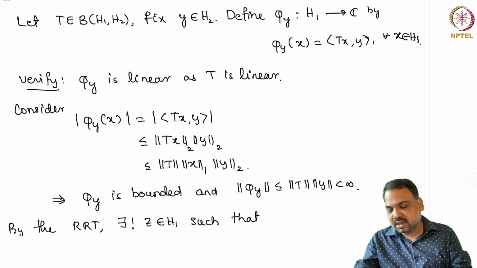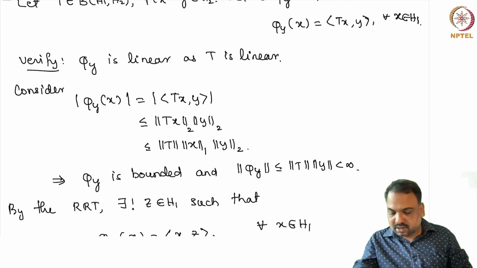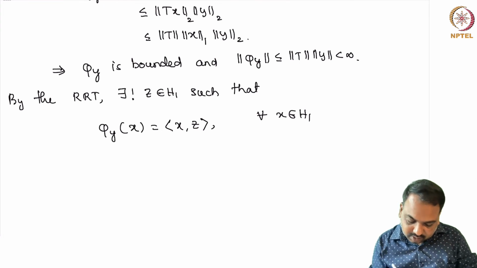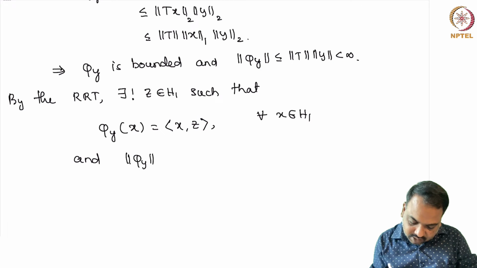Phi suffix y at x equals the inner product of Tx with y, but by the Riesz theorem this can be written as above, and not only that, the norm of phi suffix y and the norm of z are both the same.